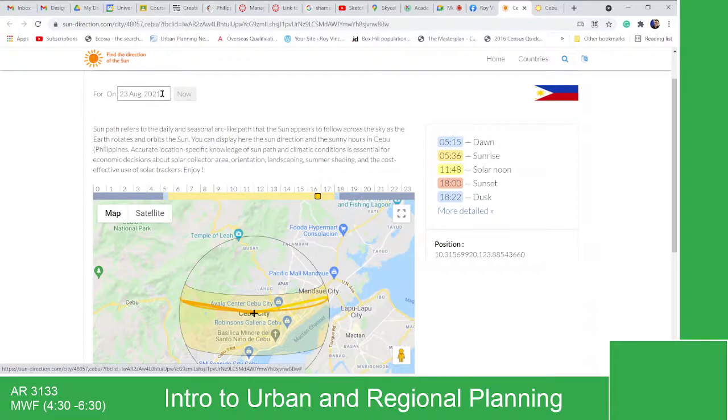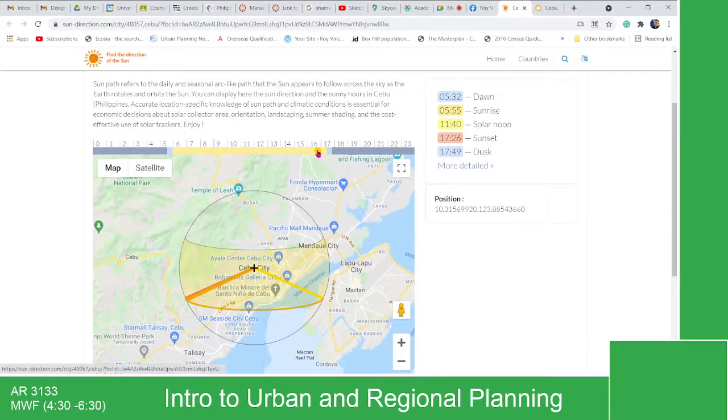But if you move it to, let's say, December of last year, let's say the middle of the month, December 15, notice now the sun passes down here, more southern. And this is at like 4 p.m. So we go back to 6 a.m.